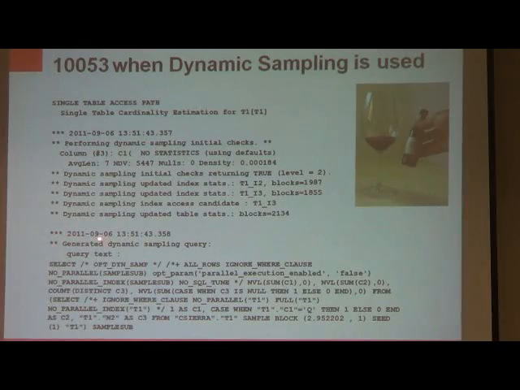By looking at the timestamp, I may see another timestamp after the dynamic sampling SQL, and then I should be able to see how much time we're spending doing the dynamic sampling. Is that clear? Just keep that in mind. If you have a SQL that is taking a long time to parse and you suspect dynamic sampling, the 10053 can help you identify those SQLs and how much time they are consuming.